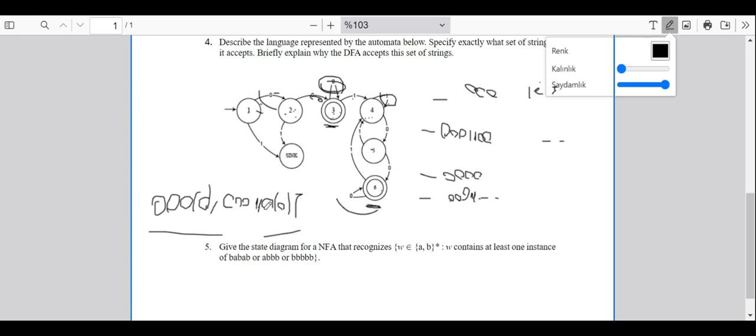This means strings starting with 0, 0, 0, followed by any number of zeros, or strings starting with 0, 0, 0, 1, 1, 0, followed by any number of 0. And between these zeros, there are two 1s.